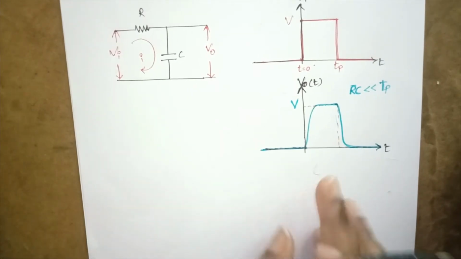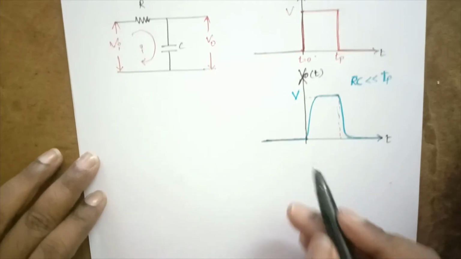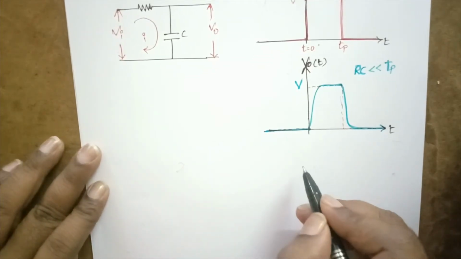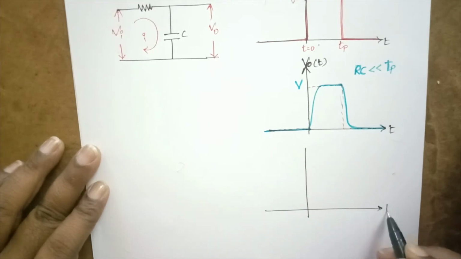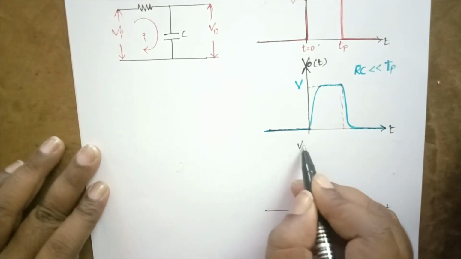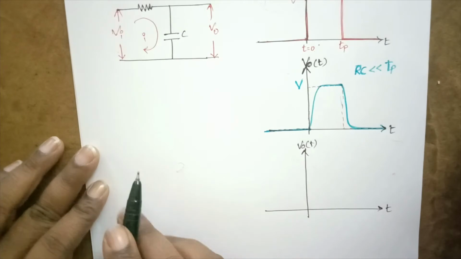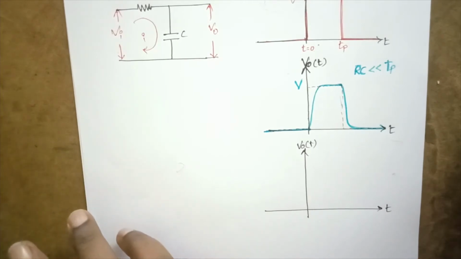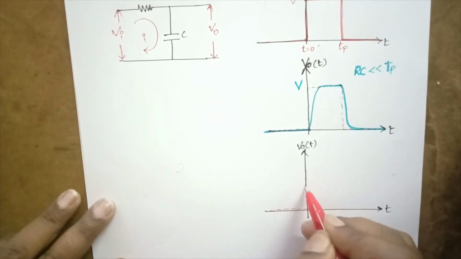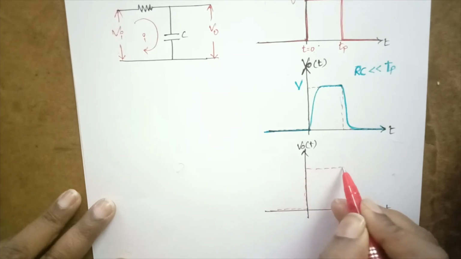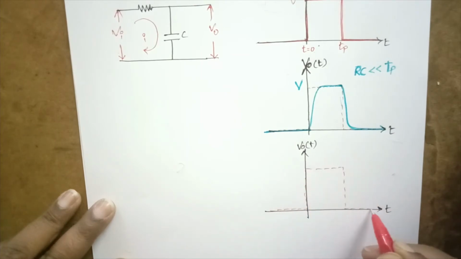Now I draw one more wave the same way. So this is t and this is V naught of t. Here also I am representing the input voltage.